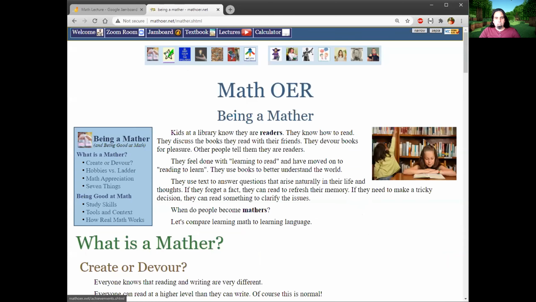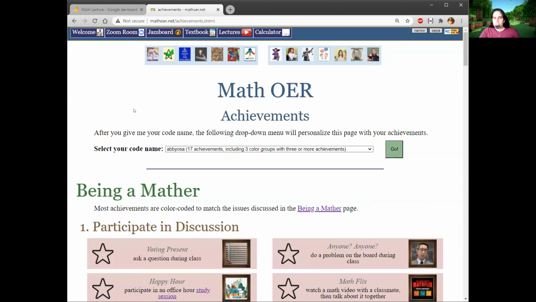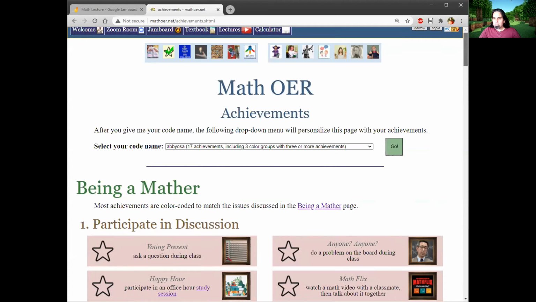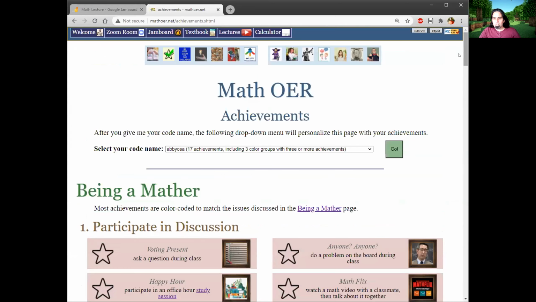So that's the being a mather and the associated achievements. Questions about either of those? I'm not going to go through and scan them all now. You can look at them yourself.